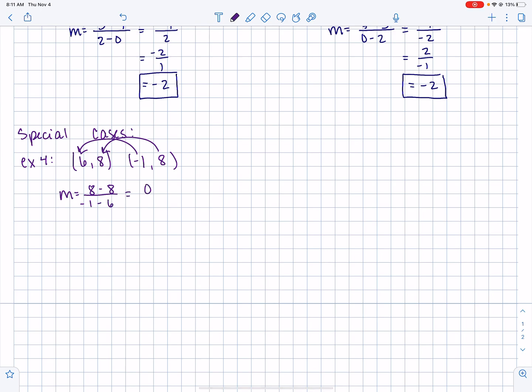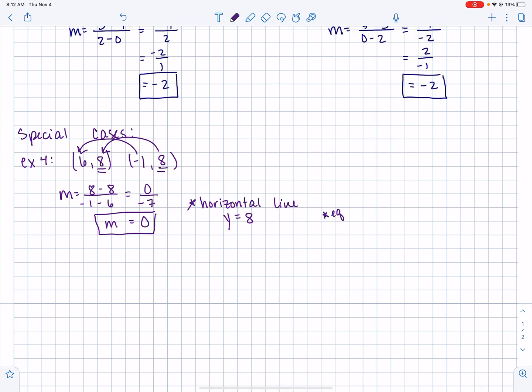All right, 8 minus 8 is 0, over -7. 0 divided by -7 is equal to 0. So my slope is equal to 0 here. That's totally fine. My slope is equal to 0, which we know if we have a slope that's equal to 0, this is a horizontal line. And if it's a horizontal line, the equation of the line is going to be y equals that y point. So y equals 8.